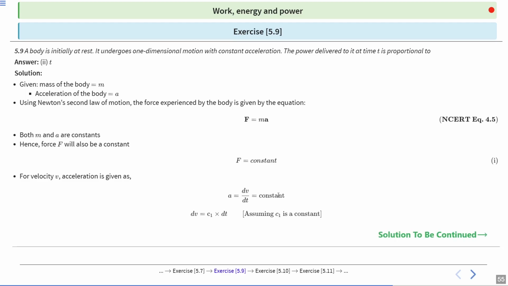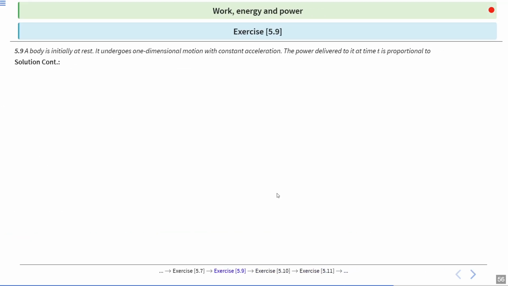Now integrating both sides, we get integration 0 to v dv is equal to 0 to t c1 dt. So integration of dv is v with limit 0 to v, and c1 as it is, because this is a constant term, and integration of dt is t with limit 0 to t.